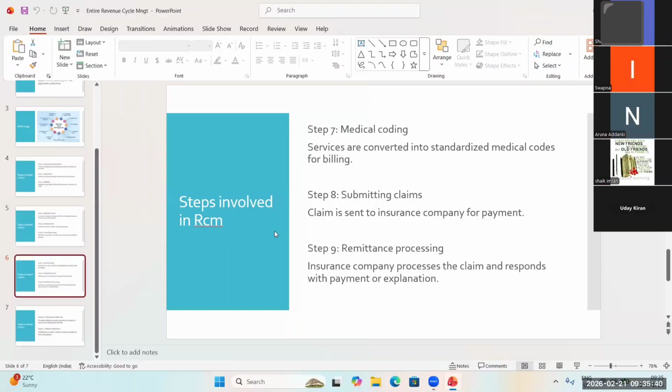Yes. So when a patient has opted for Medicare or Medicaid, they will be going into a private hospital. Let's assume a private hospital, and now the hospital has to follow CMS guidelines because the patient opted for Medicare service. So that hospital needs to follow some rules and regulations as per the Medicare and Medicaid government agencies.